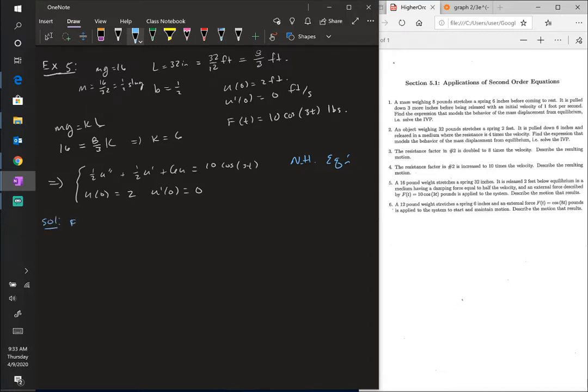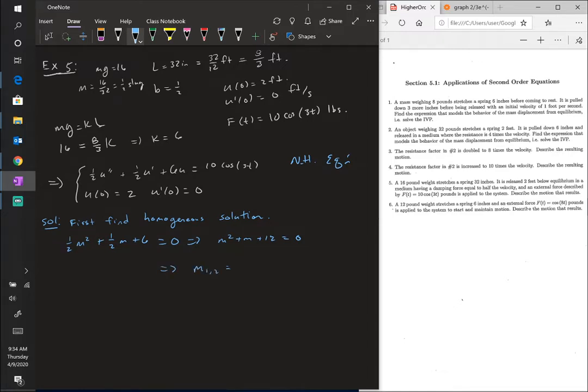So first, find a homogeneous solution. And that's 1/2 m squared plus 1/2 m plus 6 equals 0. And I'll rewrite that as m squared plus m plus 12 equals 0. And those roots are really nasty.